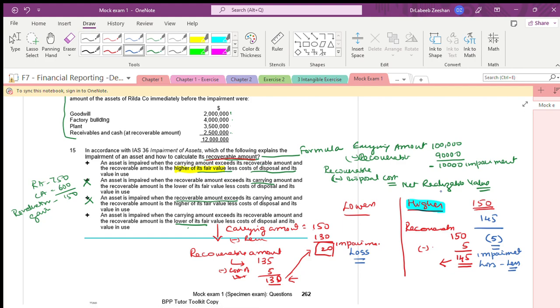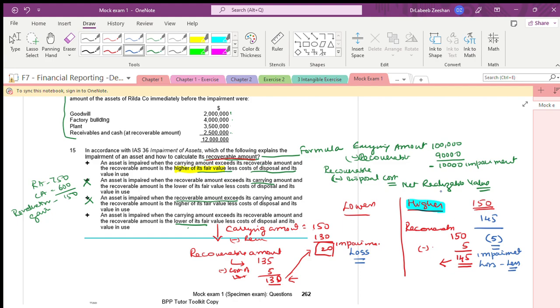That is the reason an asset is impaired when the carrying amount exceeds the recoverable amount. And the recoverable amount is the higher of its fair value. We will not say it is the lesser of the fair value. If you say lesser, impairment loss will be more. If it is higher, the impairment loss will be less.